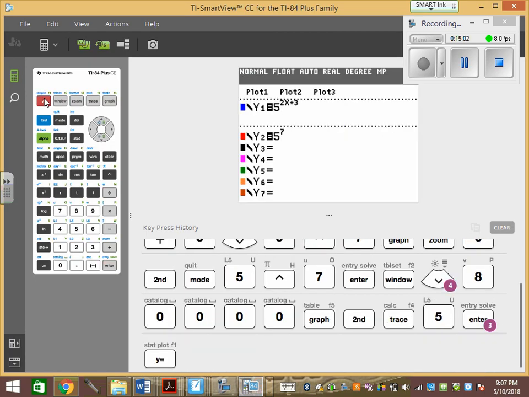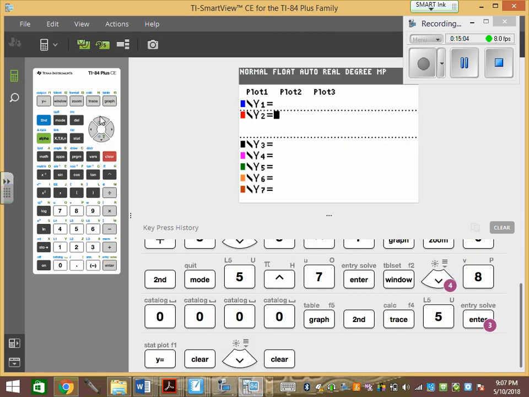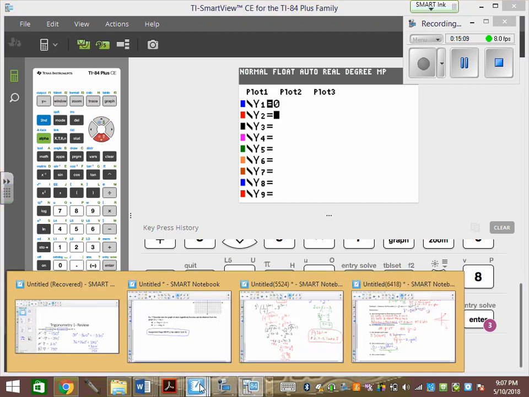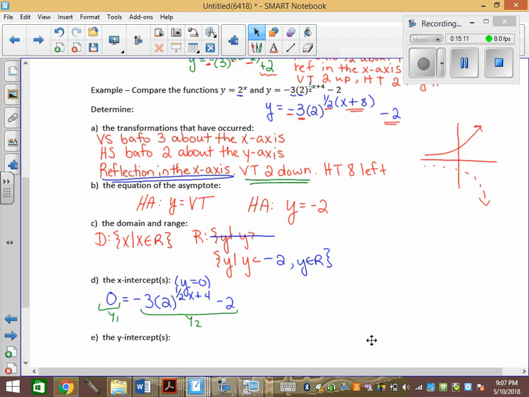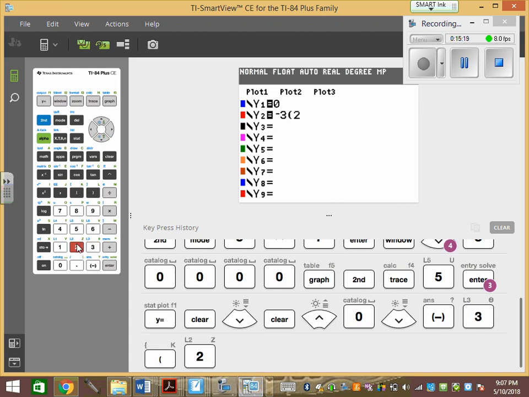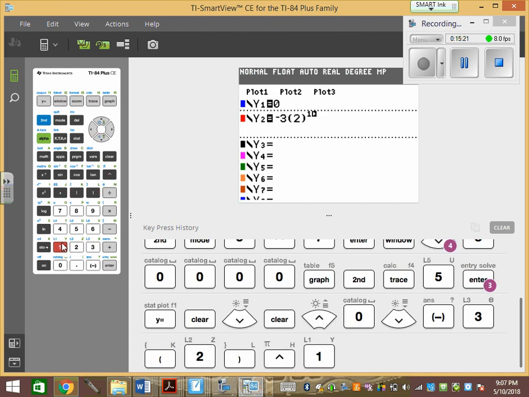So Y1 is 0, and Y2 was negative 3 times 2 to the half x plus 4, minus 2. Well, I have to put half in brackets so we know it's a fraction.